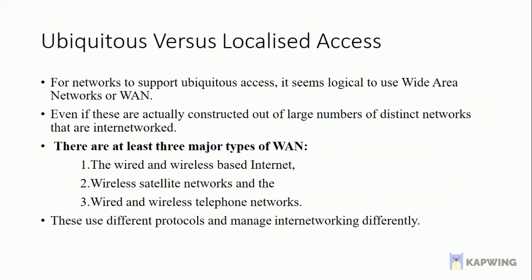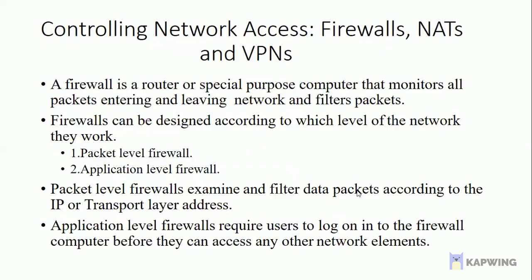There are at least three major types of wide area networks. They are the wired and wireless based internet, wireless satellite networks, and the wired and wireless telephone networks. These use different protocols and manage internetworking differently.